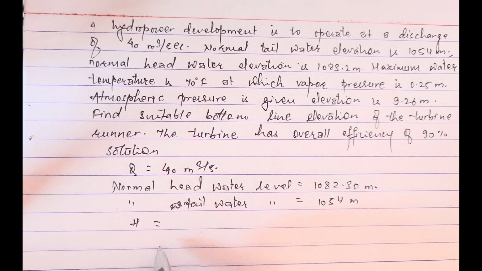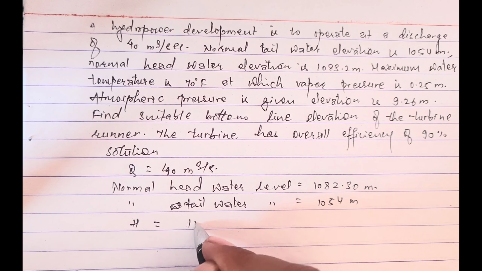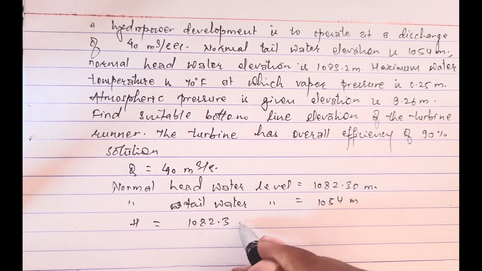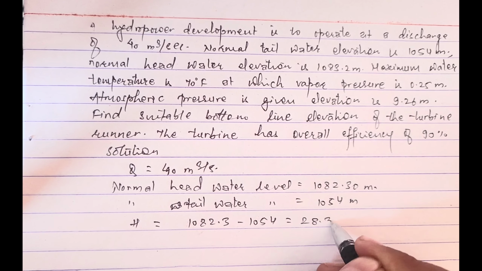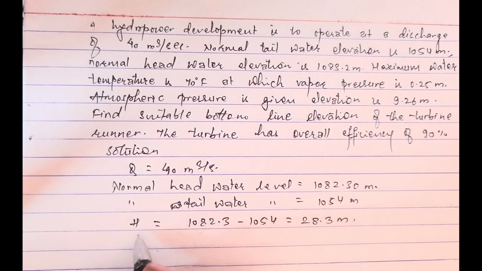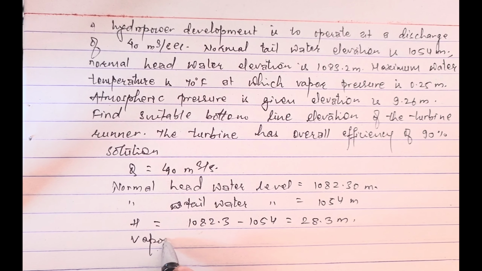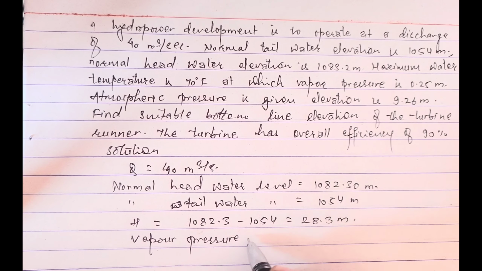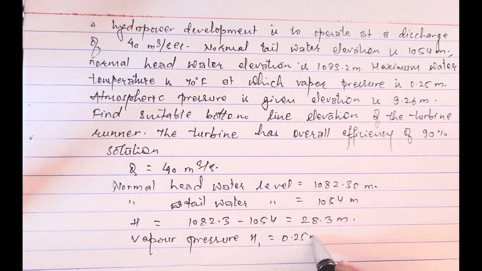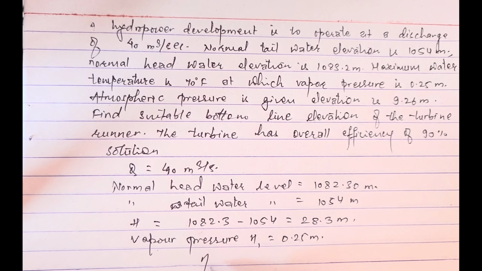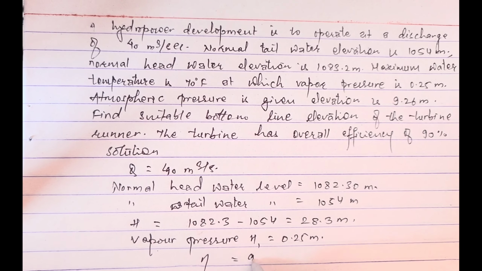So the head is 1082.3 minus 1054 equals 28.3 meter. The given vapor pressure H equals 0.25 meter, and the overall efficiency equals 90%.